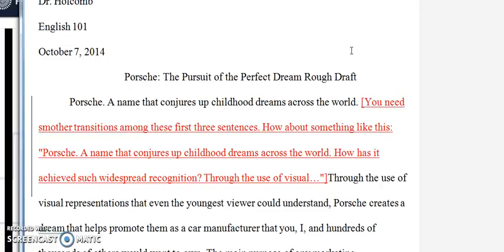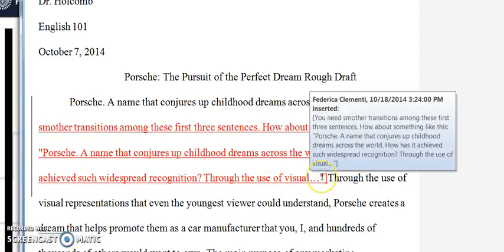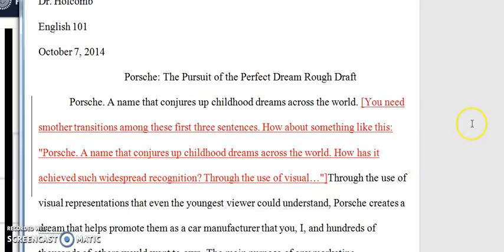The old convention I used to use, if I had a comment about the substance or form of a passage, I would use square brackets, insert my comment, and then close brackets. In your commented drafts, I shifted to using the track changes comment function, which just puts it over in the margin.